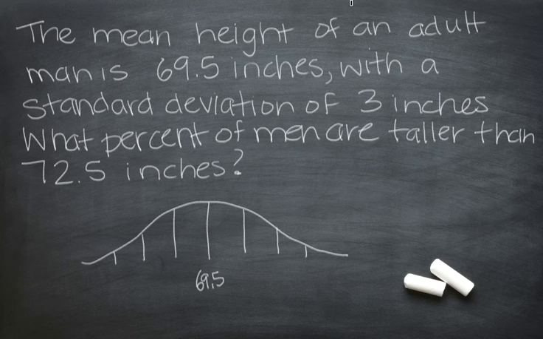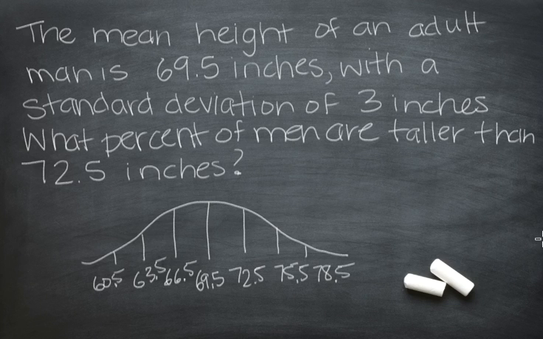So 69.5, add 3, you get 72.5, 75.5, and 78.5. And we'll go down: 66.5, 63.5, and 60.5.